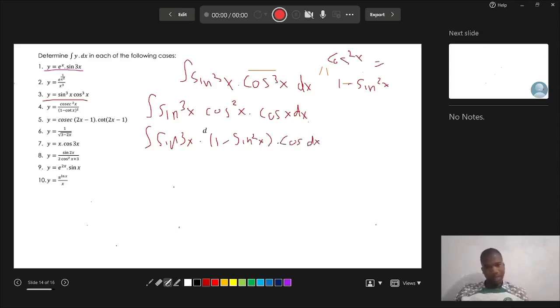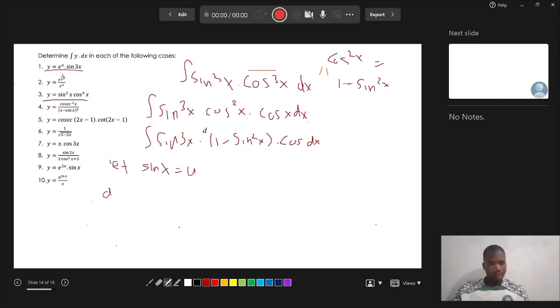Then after that we say let sine x be equal to u, right?